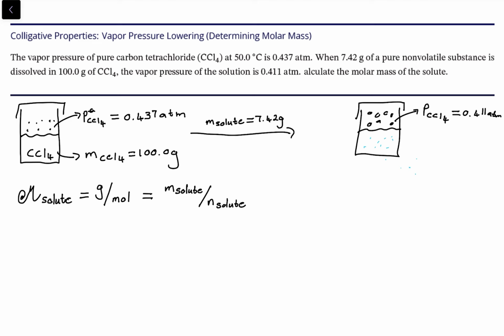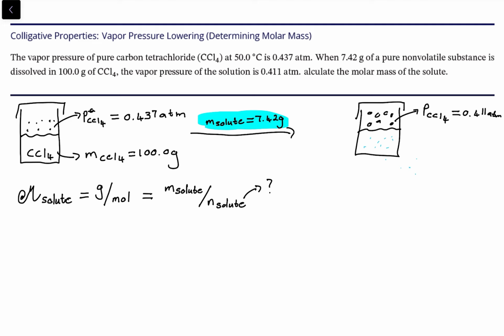We have the mass. Mass is 7.42. So the only thing that we need to determine is the number of mole of our solute. So how can we use the given information to determine the number of mole of the solute?